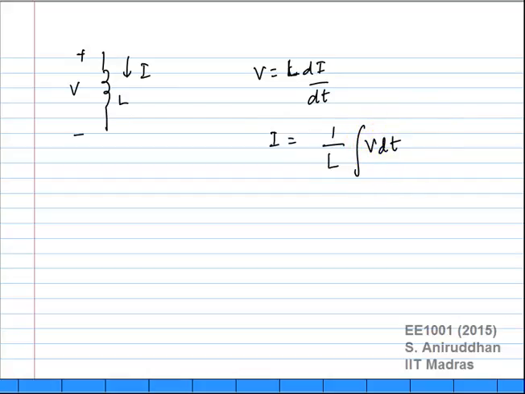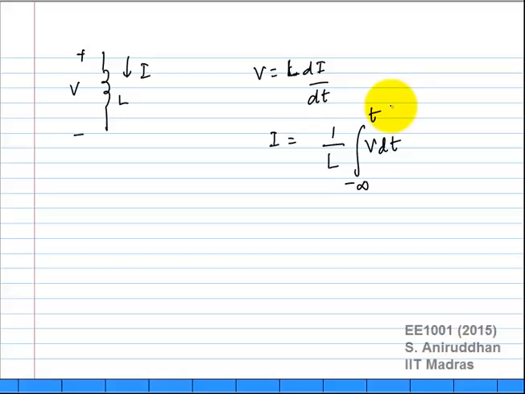This is the integral relationship. What about the limits of the integral? If at any time t you want to find out the current through an inductor, you will have to know the past history of the voltage.